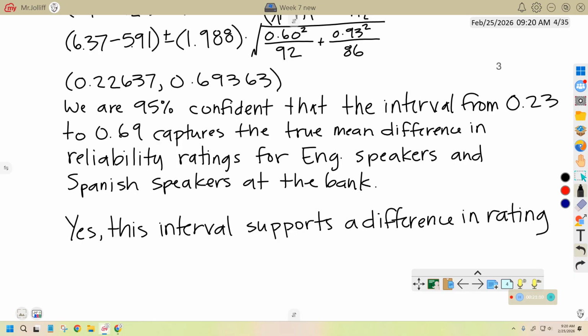So my significance level for a test would be 5% because that's the complement to the 95% confidence in the middle. Remember that confidence intervals look at the middle, significance tests look at the tails. So if I am pairing them up, they should complement each other and add to 100. So this interval supports a difference in rating at a 5% significance level.